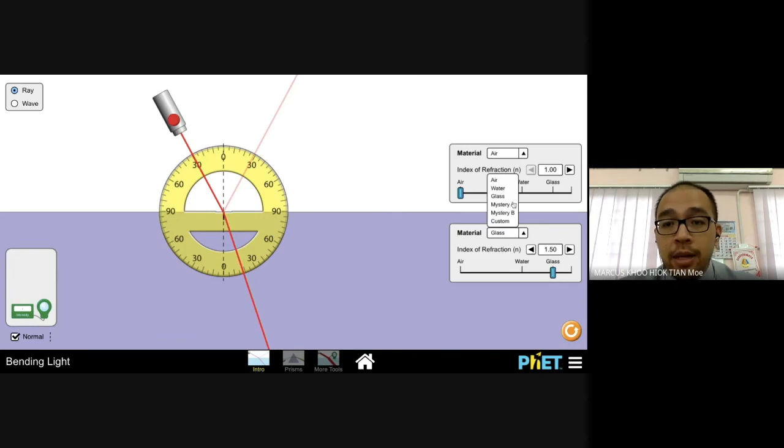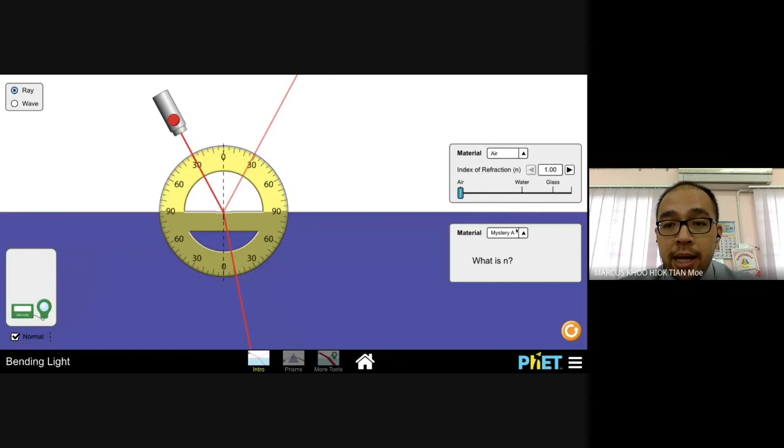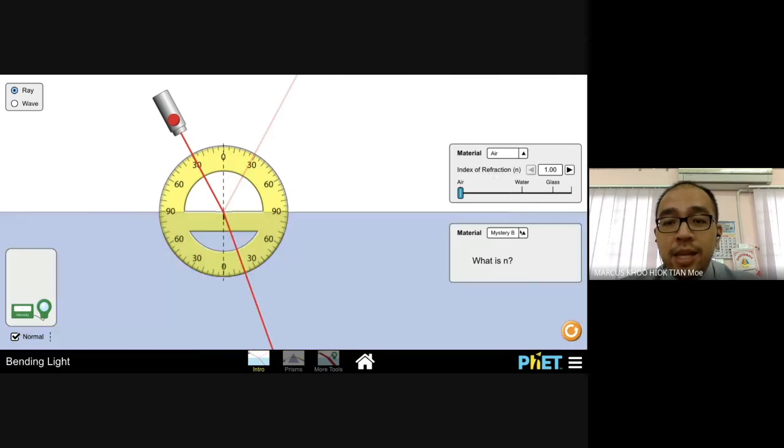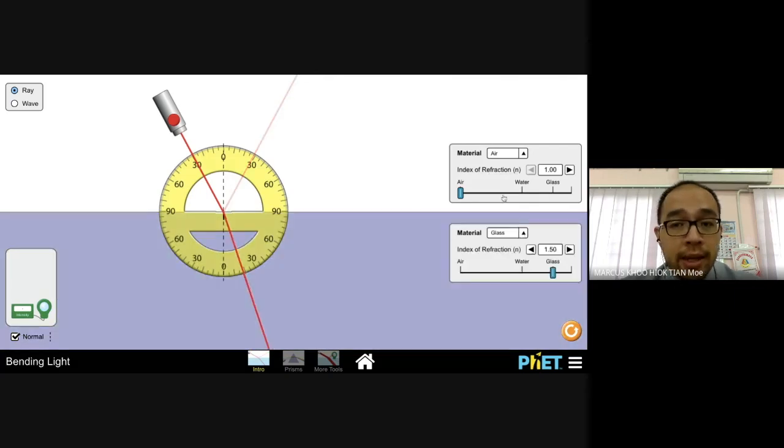There are many different ones here: there's water, there is mystery A, there is mystery B. I don't want those. We just want air and glass. We follow exactly like the table over there.